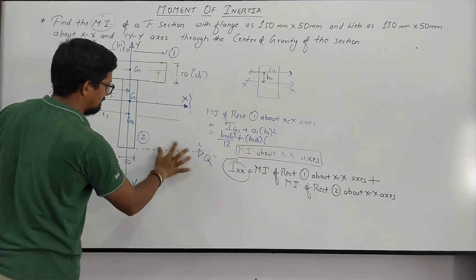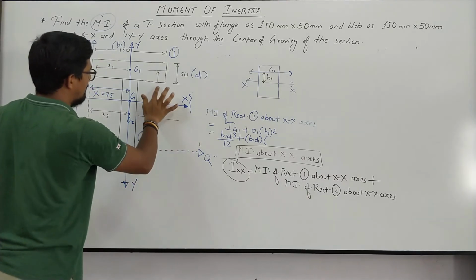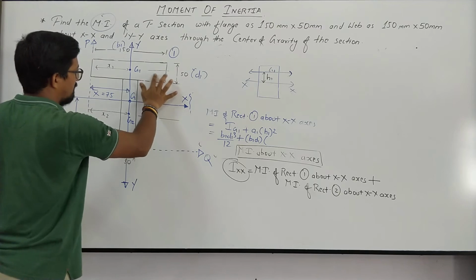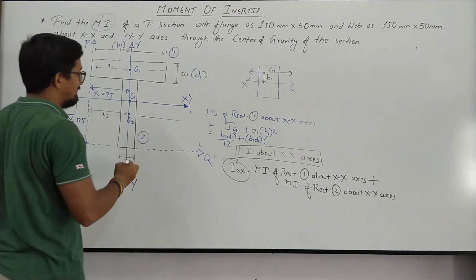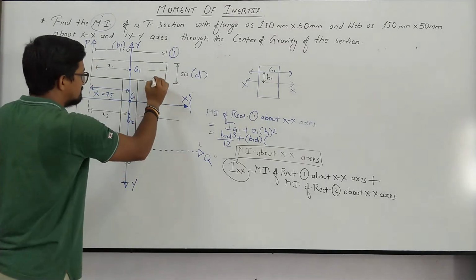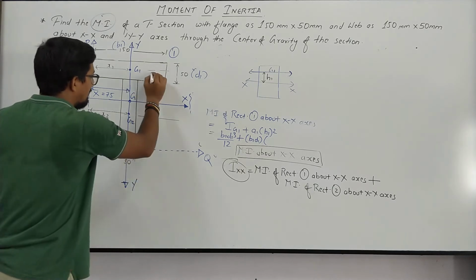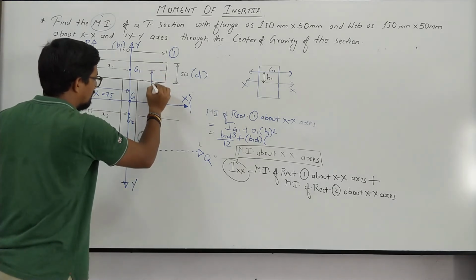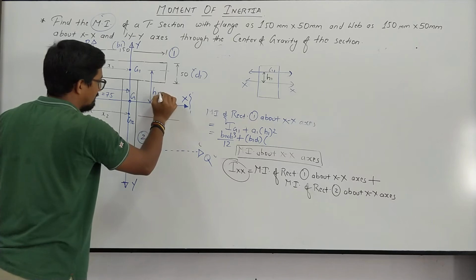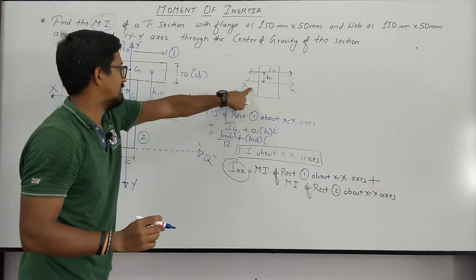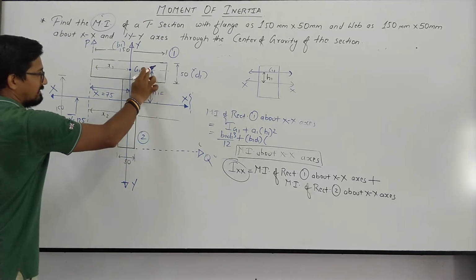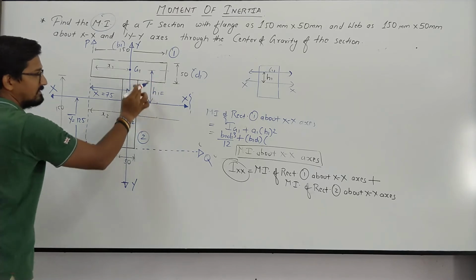I will rub this for more clarity. Moment of inertia is a problem which takes time, but it should be neat and clear. So this is h1, the distance between the two axes, correct?